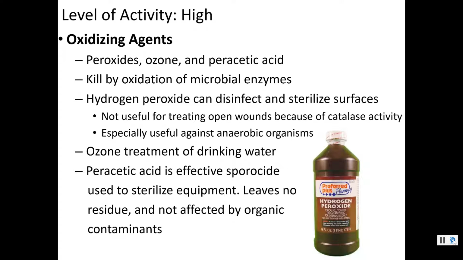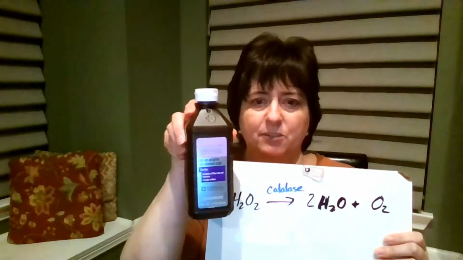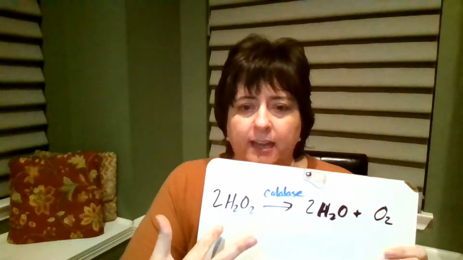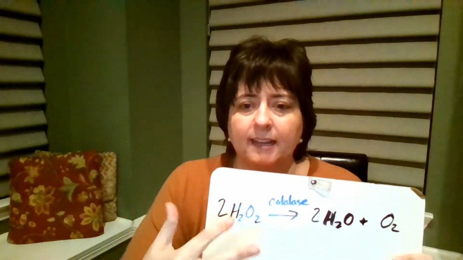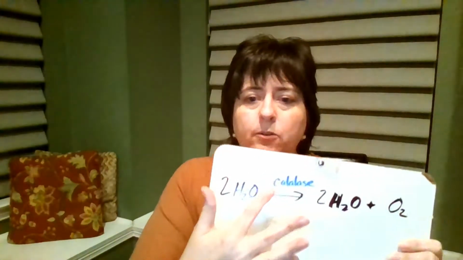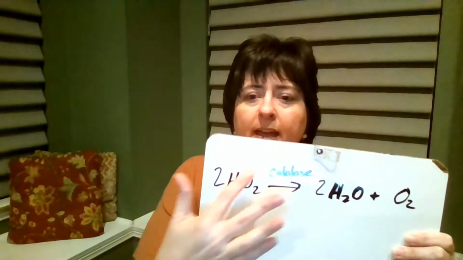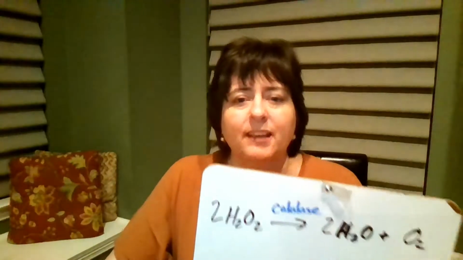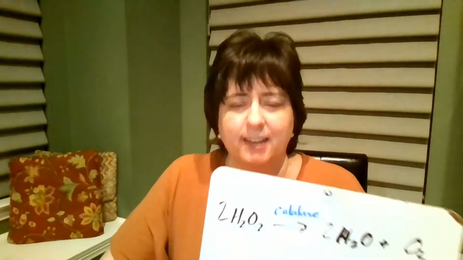We have the enzyme catalase. Catalase is able to take hydrogen peroxide, which I brought my bottle. There's my hydrogen peroxide. It's able to take H2O2, hydrogen peroxide, and the enzyme catalase, which is found in our muscle cells and in a lot of other organisms, converts it very easily into water and oxygen. So this is a way that we can get rid of these oxidizing agents. Microorganisms that can't protect themselves against these oxidizing agents are harder.